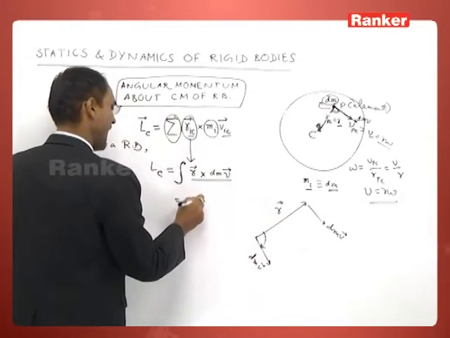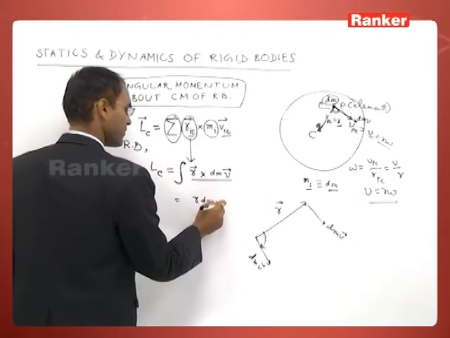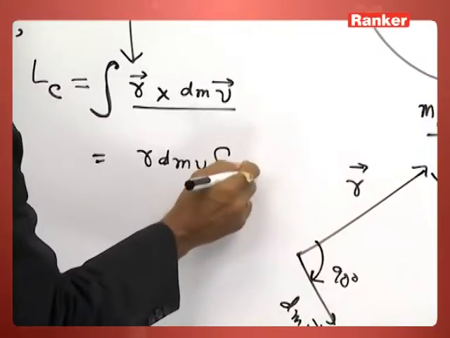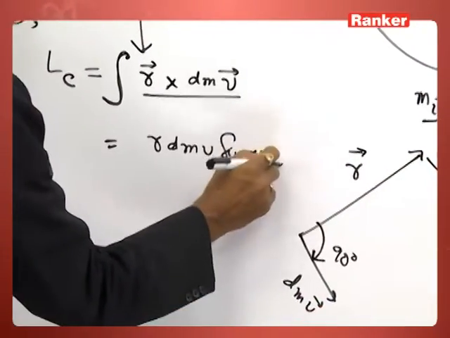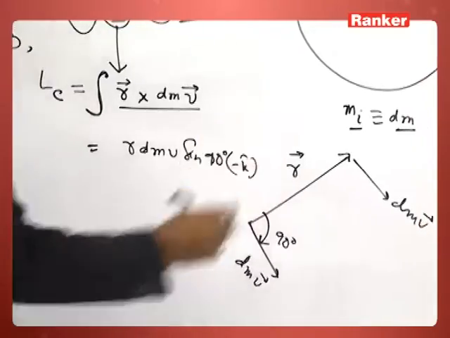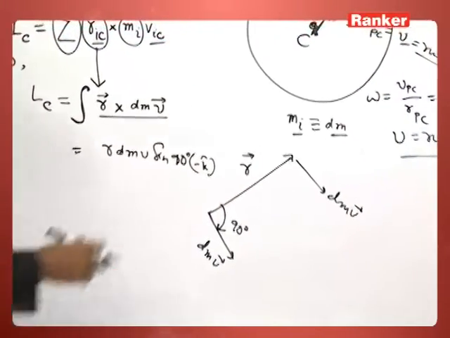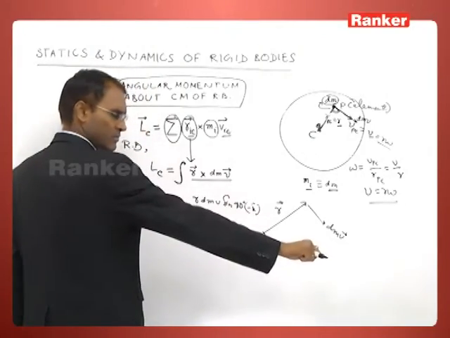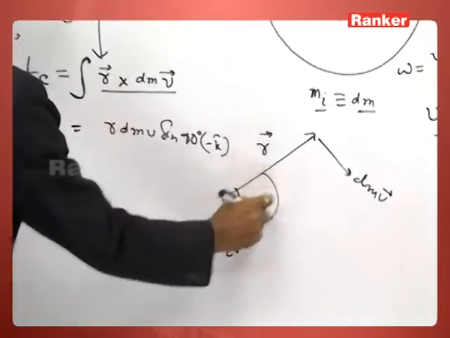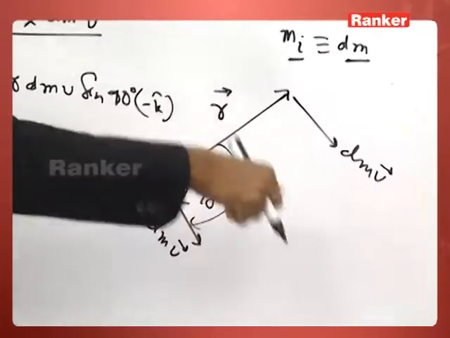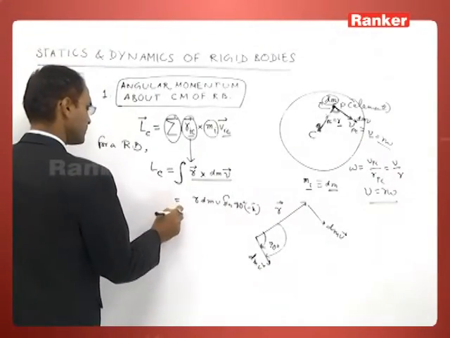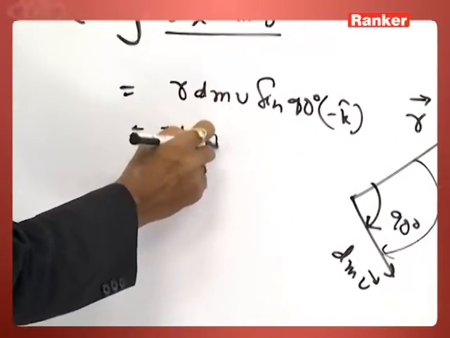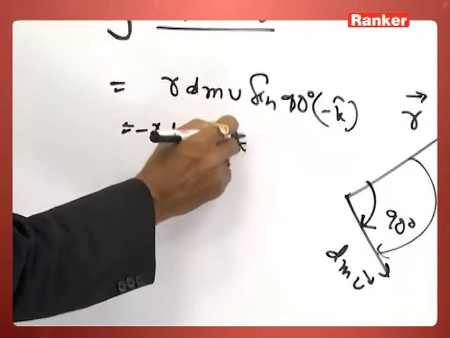So we can just write r dm v sine of the angle between these two vectors, which is 90 degrees, and sine 90 is 1. The angle rotates in the clockwise sense. Therefore, this is minus k, r dm v minus k.